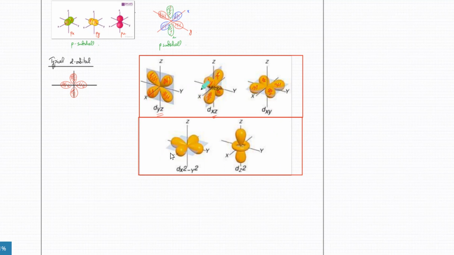But you should be able to figure out this, because this is going to come in handy later on, that the first set of orbitals, the electron probability is between the axes. In all 3, the electron can be found between the axes.